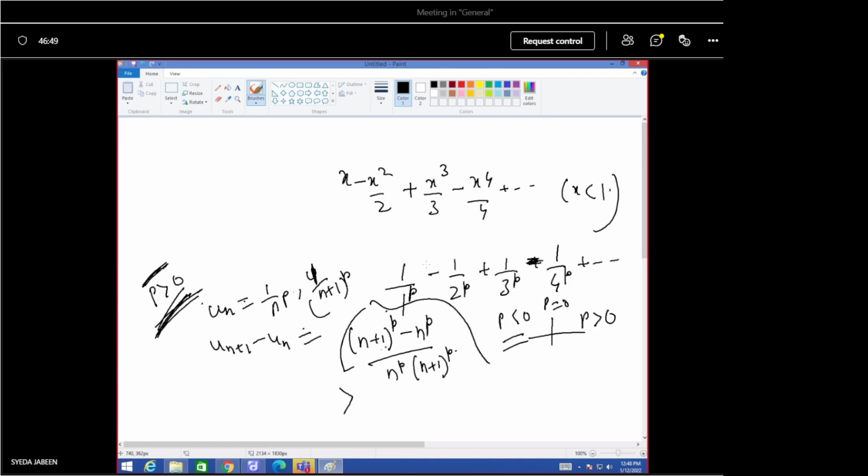Is this less than 0 or greater than 0? Don't mix, just say it confidently. It is less than 0. Ma'am, you wrote the terms in reverse. Terms got reversed.